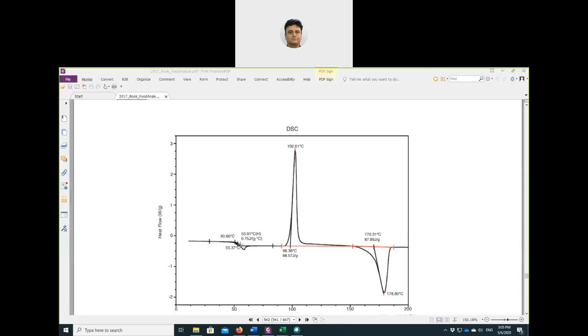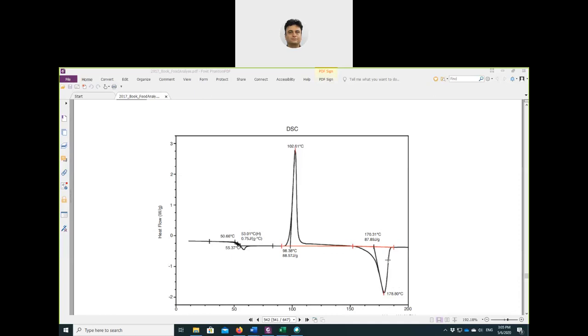In the DSC pattern, when we want to measure thermal properties, we put a small amount of sample in the pan and start heating from a certain temperature to the final temperature. Mostly for food material, we start from 10 to 20 and go up to around 200.